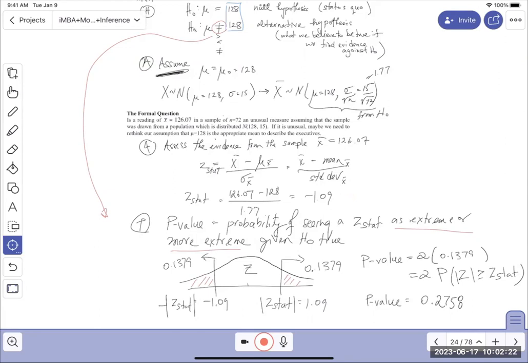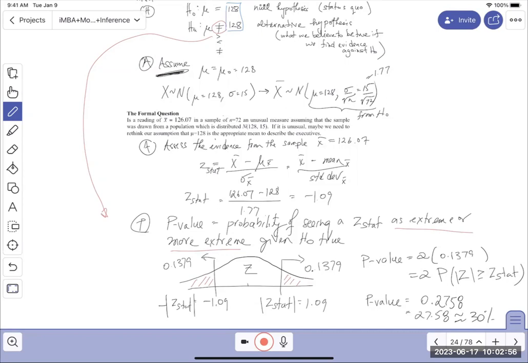So the chance of seeing a value that many standard deviations below or above the hypothesized mean is 27.58%. So the chance was 27.58%, or you could say 30%, there was a 30% chance of seeing a Z stat like that.